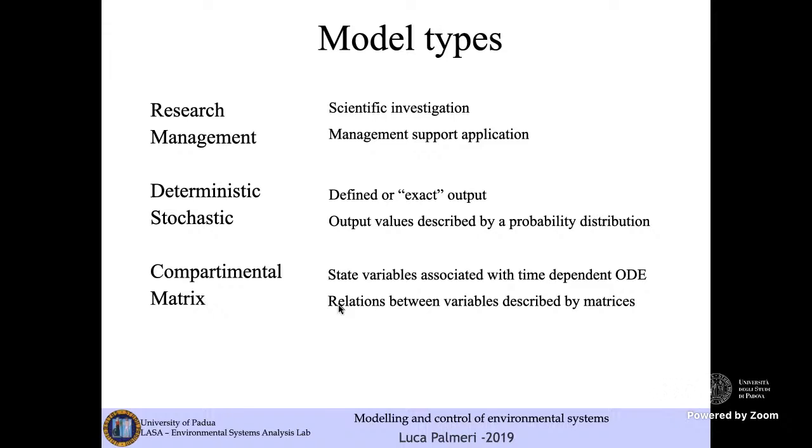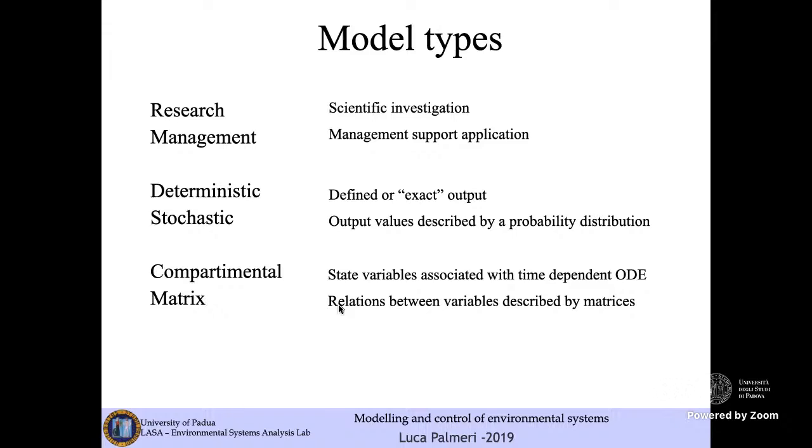On the contrary, stochastic models are models for which you do not have exactly defined values of the state functions. Instead, output values are possibly described by probability distributions. So, from an epistemological point of view, it is important to distinguish between deterministic or Cartesian models, if you want, and stochastic or chaotic or random models that present some kind of randomness.